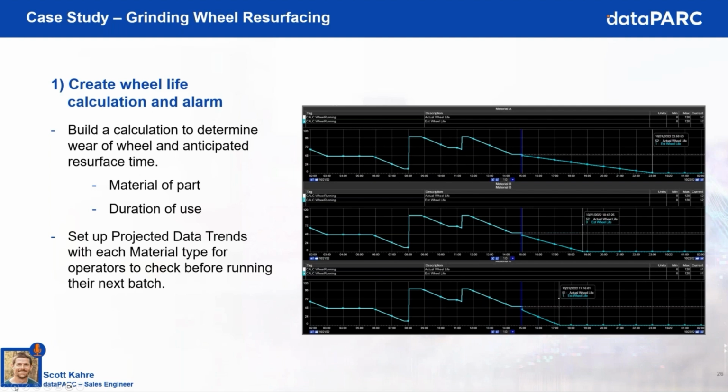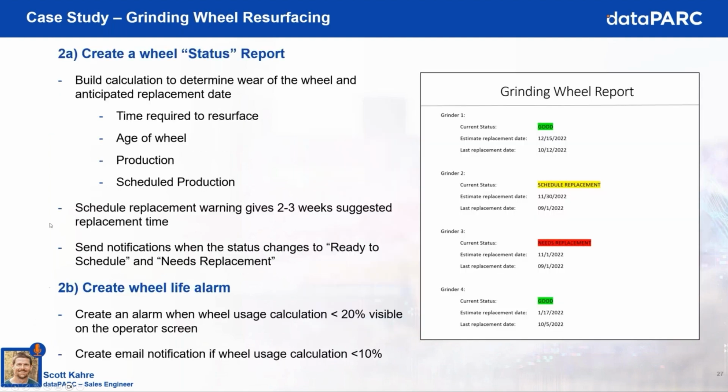Here's an example of a simple report that could be produced based on that age and condition calculation on the wheel. So you can see here, if you've got multiple grinders, you could create a status, and that could be triggered off of how much life it has left. Maybe if it has more than 3 days of life left, it's still good.